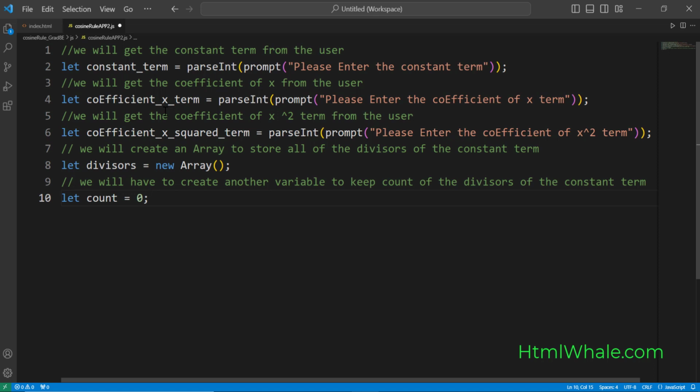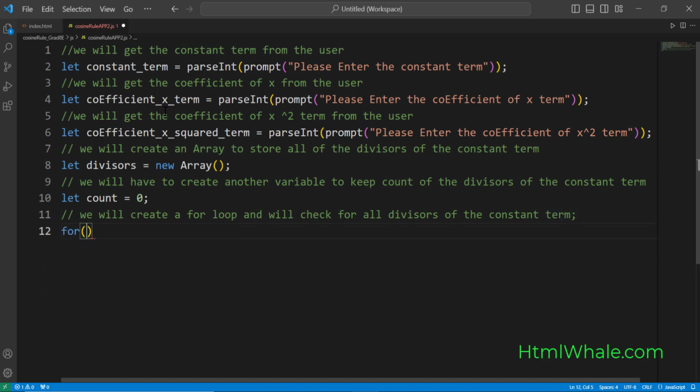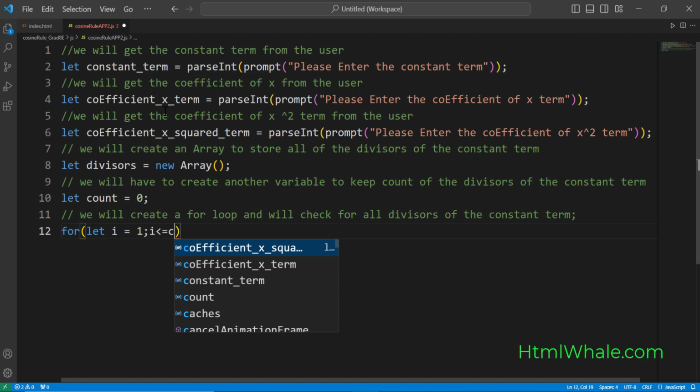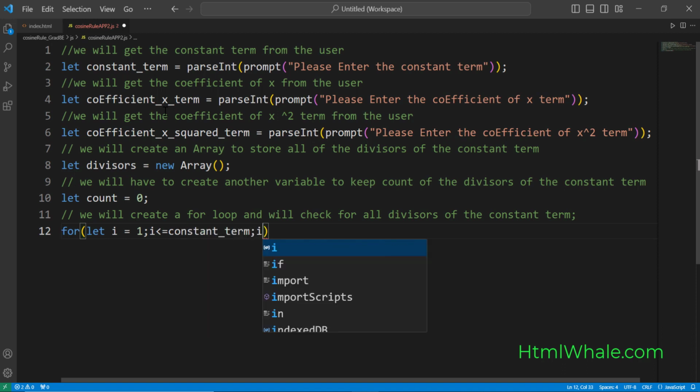So for getting the divisors, we will create a for loop and we'll check for all divisors of the constant term. So as I mentioned to you, we'll create a for loop. Let I be equal to, we have to start from 1 and then I is less than or equal to the constant term that we have created and I is incremented.